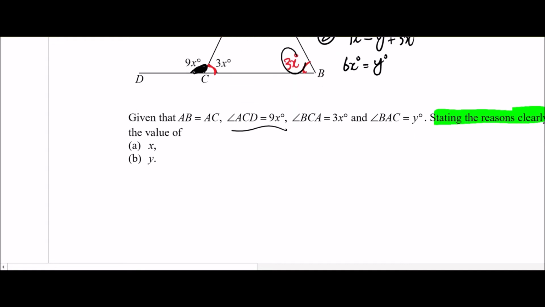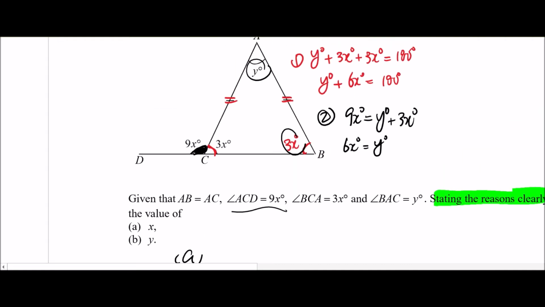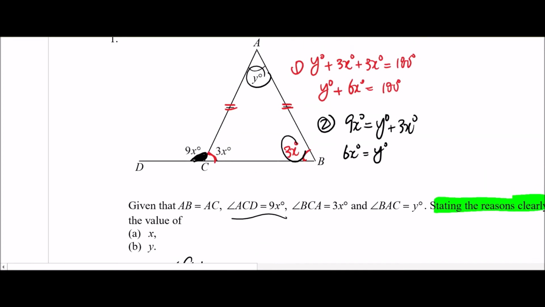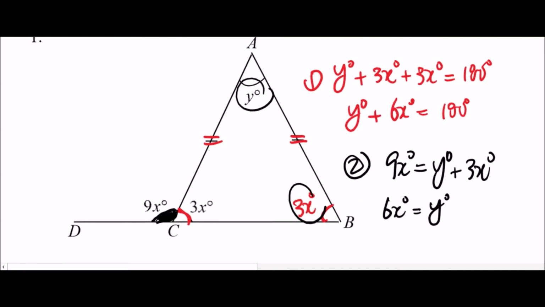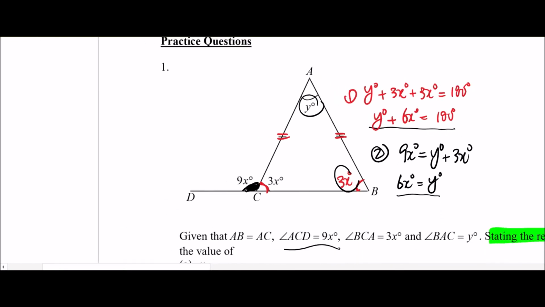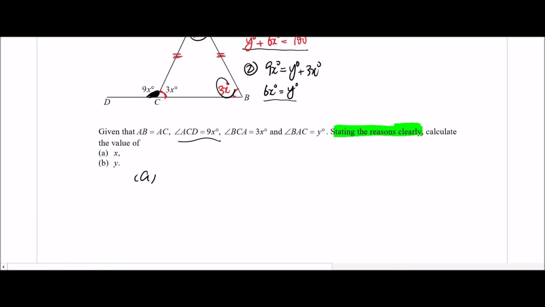So let's begin with part A. Okay, we're interested in finding angle x. Okay, so what do we have over here? We have these two pieces of information. 6x degree equals to y degree, and y degree plus 6x degree equals to 180 degrees.